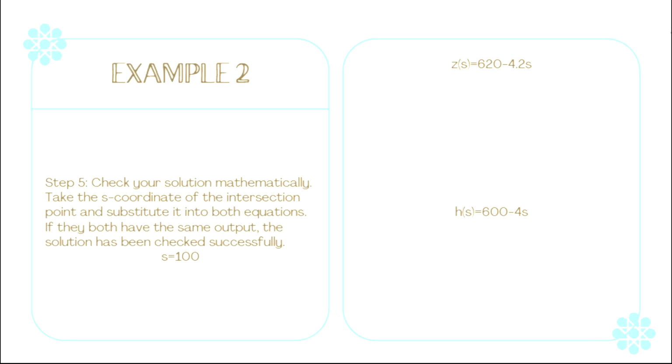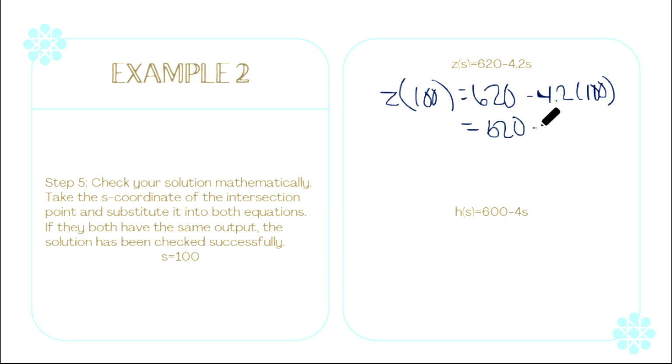Okay, so we're using s equal to 100 because that's the answer we found. So z of 100 is equal to 620 minus 4.2 times 100, which equals 620 minus 420, which gives us 200, which makes sense because we had the point (100, 200).